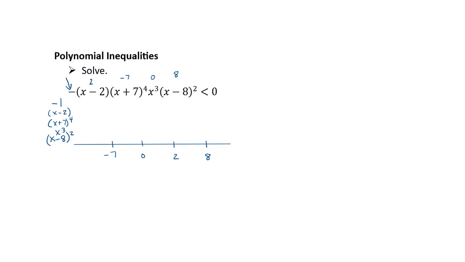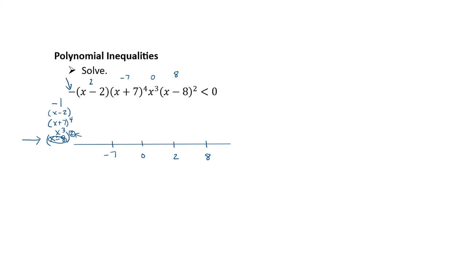Now, we're a little bit crowded here. Let me show you a little bit of an insight here. If I am testing this factor of x minus 8, remember, it's being squared. So even if you're putting a number in here that makes it negative, this square is going to make it always positive.